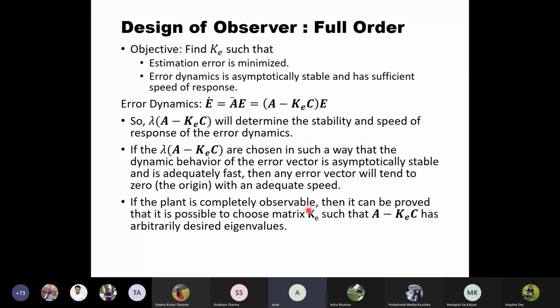We have already proved this in the case of a state feedback controller: if the plant is completely controllable, then we can choose the state feedback gain K. On a similar line, we can prove that if the plant is completely observable, then we can choose an arbitrary matrix Ke such that A minus KeC has arbitrarily desired eigenvalues.